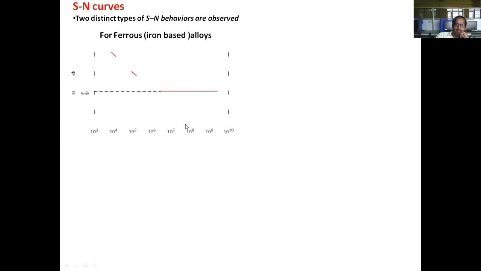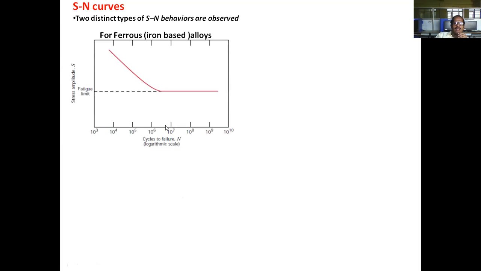There are two distinct types of S-N behavior observed in different metals. First we see ferrous alloys, iron-based alloys, which are a major engineering material, and then non-ferrous alloys. This is a typical S-N curve for an iron-based alloy or steel. This is a plot of stress applied versus number of cycles to failure.